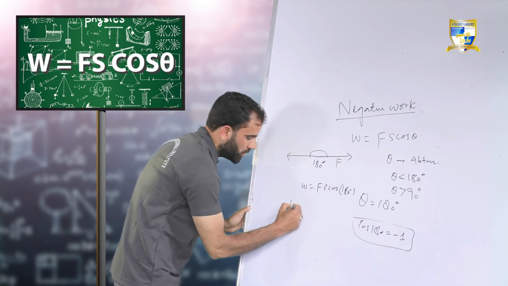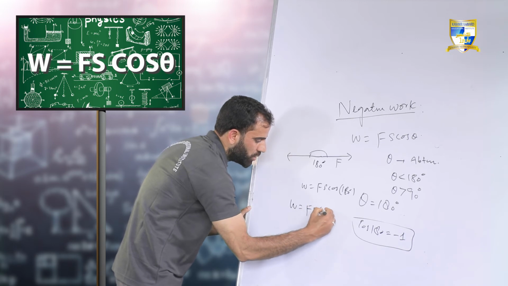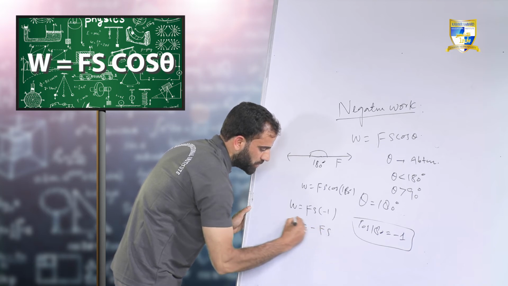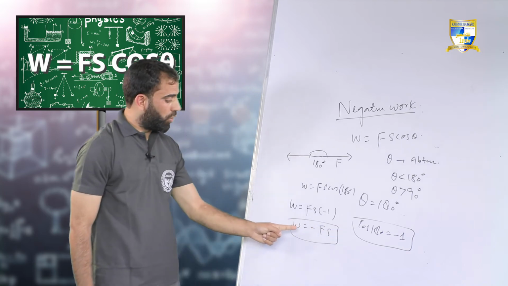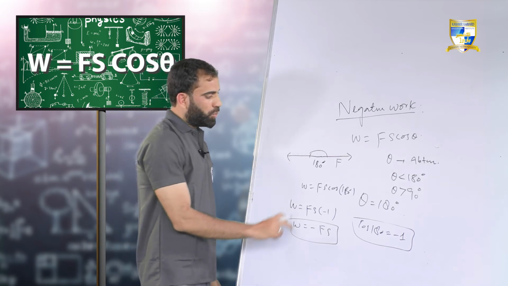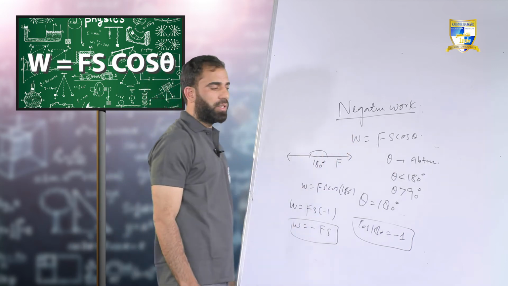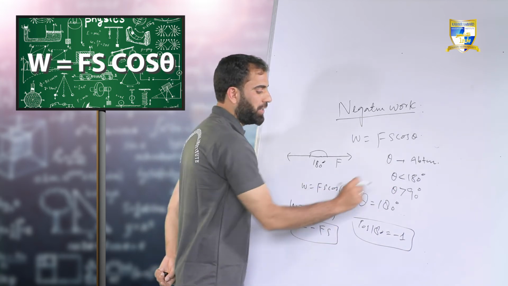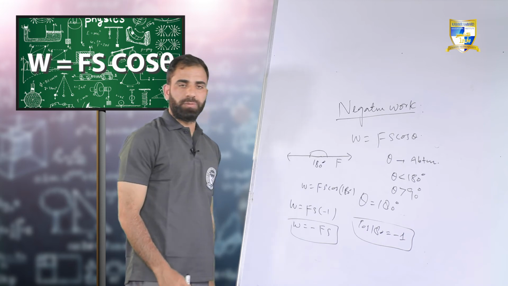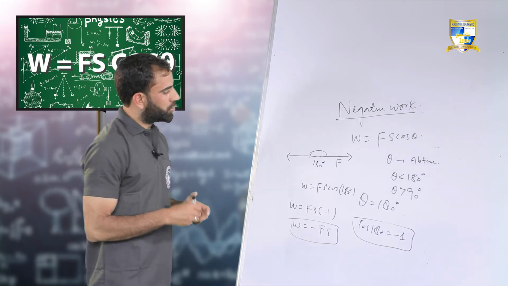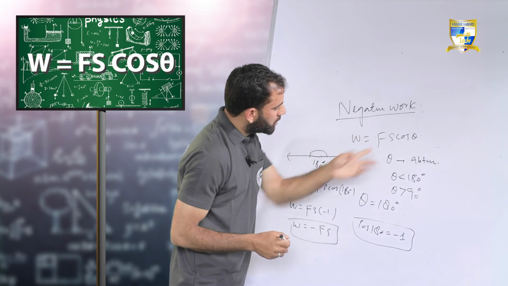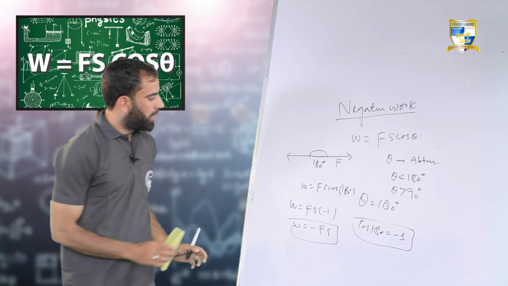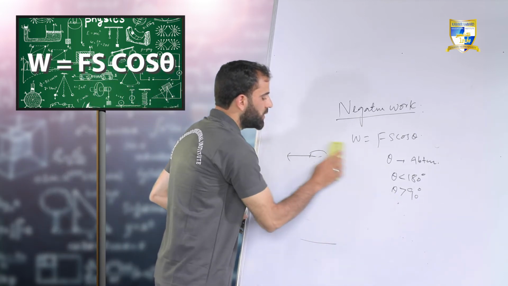So W equals Fs times minus 1. It will become minus Fs. So here you can see work done is negative. So if the angle between force and displacement is obtuse, that is, less than 180 but greater than 90, the work done will always be negative. So we have understood here how work can be negative on the basis of theta. Let us discuss now what is zero work.